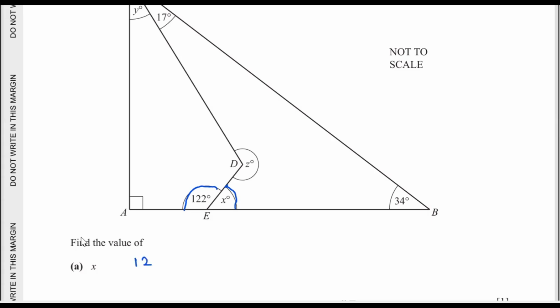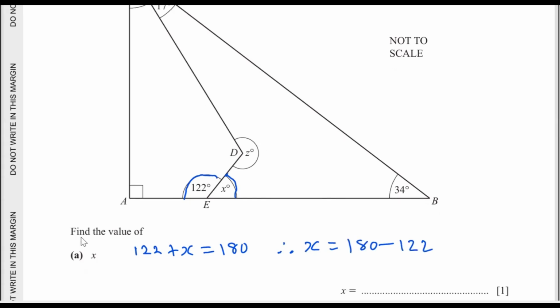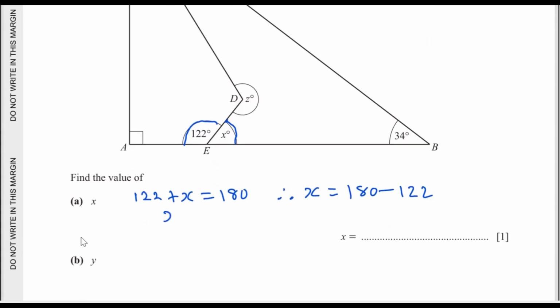So we can have 122 plus s equals 180. Therefore, s equals 180 minus 122. So here, s is going to give us 58 degrees. And so we have 58 here.